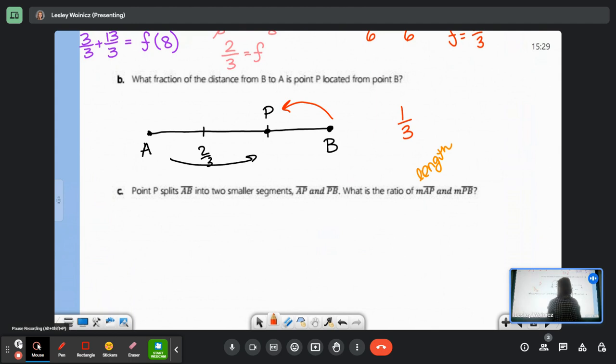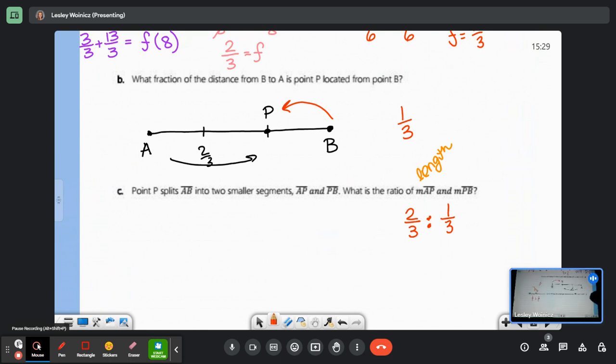So which one goes first? The measure of AP. So that one is 2/3. Okay. And then the measure of PB? 1/3. Okay, but we're not done because we got to simplify this. You guys are going to love this.